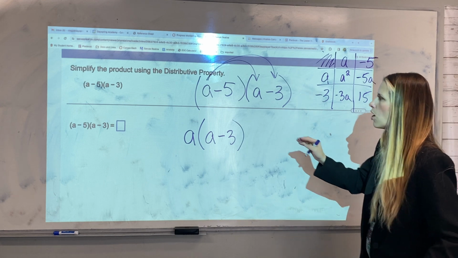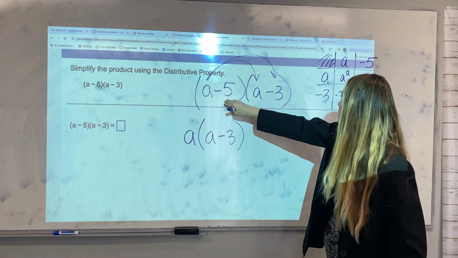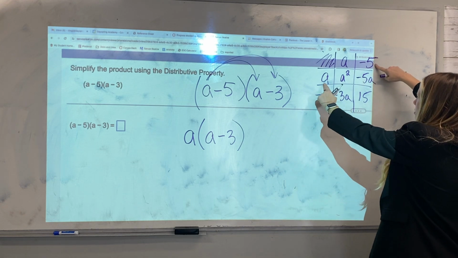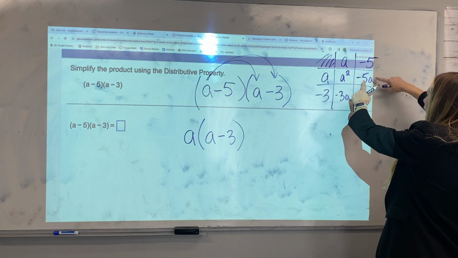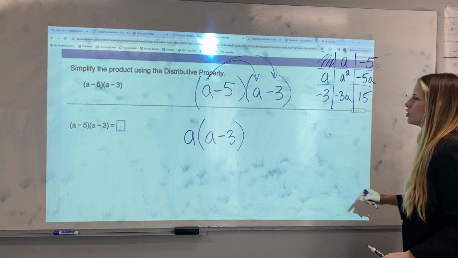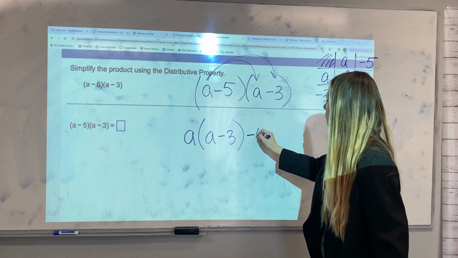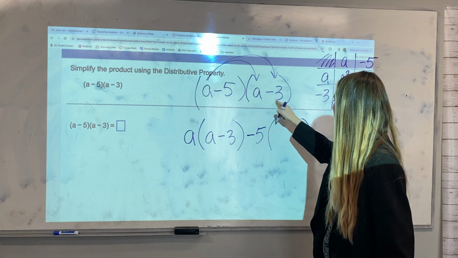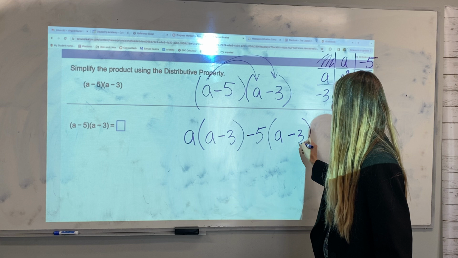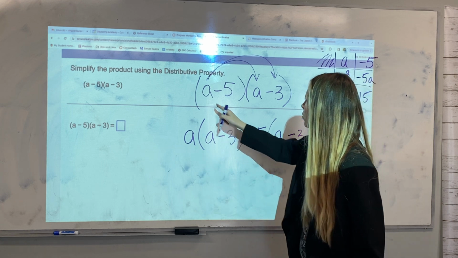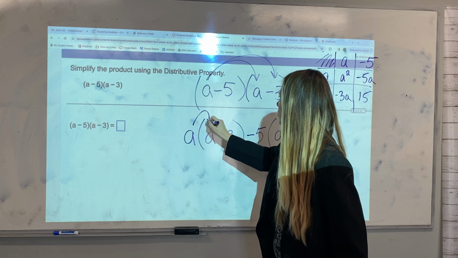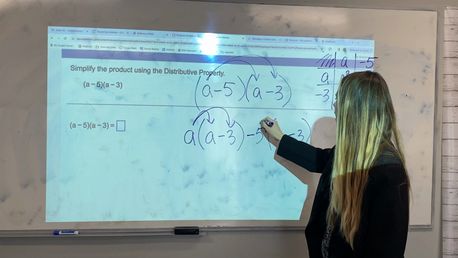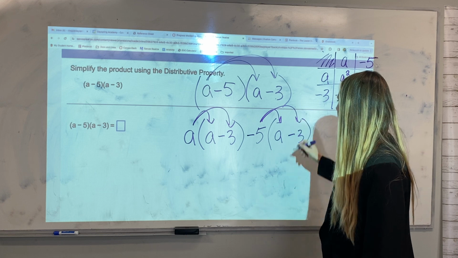And then since there's also a negative 5 here, as we see in the table, the negative 5 also has to be multiplied times a and times negative 3. So the first a is being multiplied times a and negative 3, and negative 5 is being multiplied times a and negative 3.